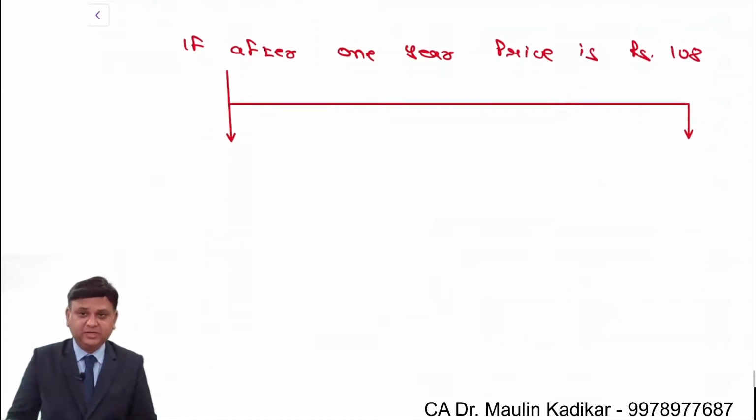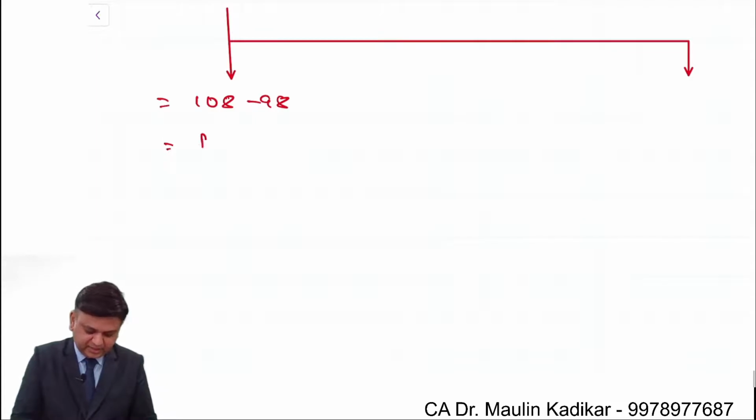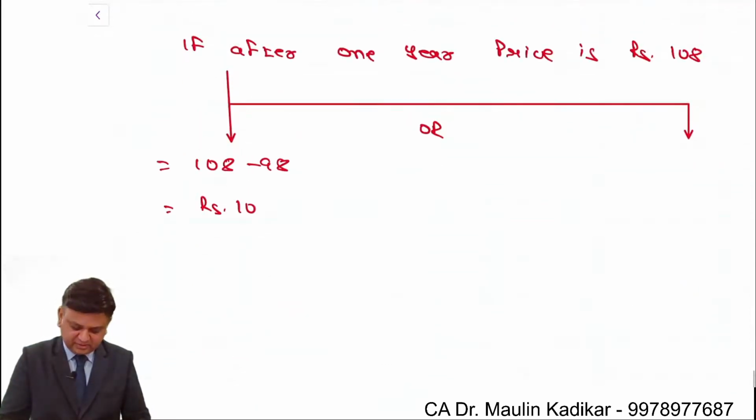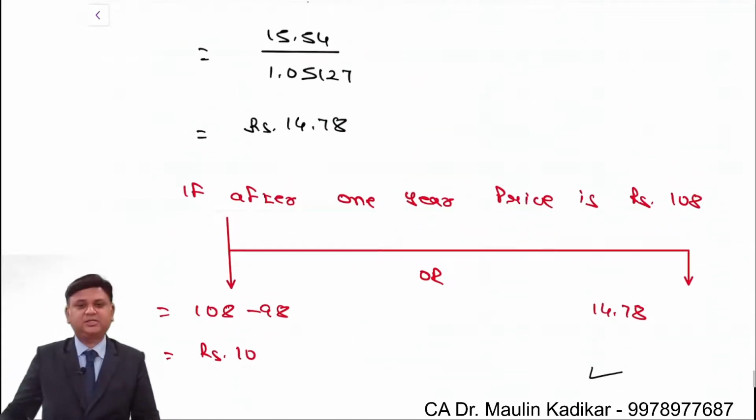In that case, what will you get? 108 minus 98. You will get an amount of rupees 10 immediately, or otherwise 14.78. Which option is better? This option is better. Write the answer.